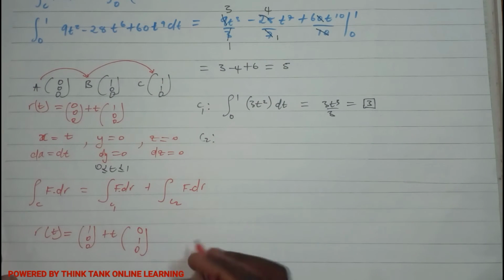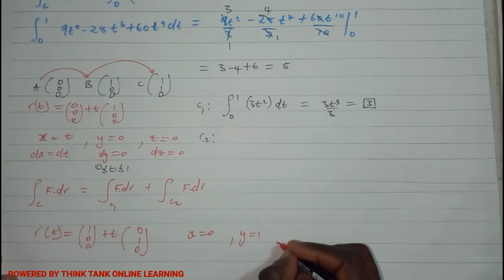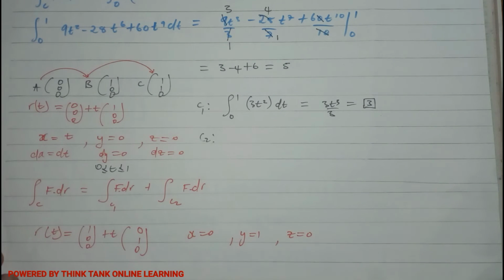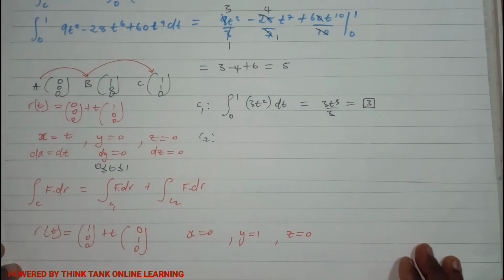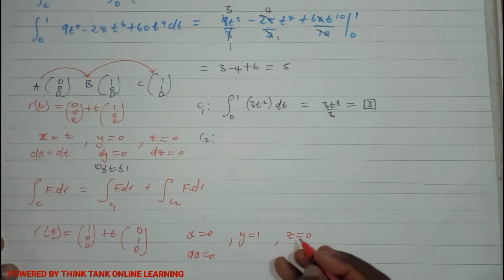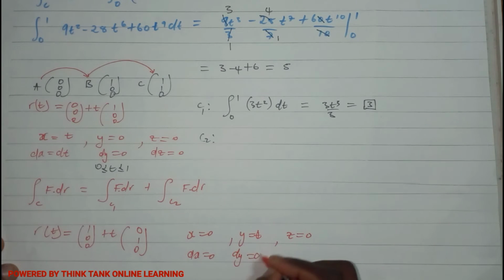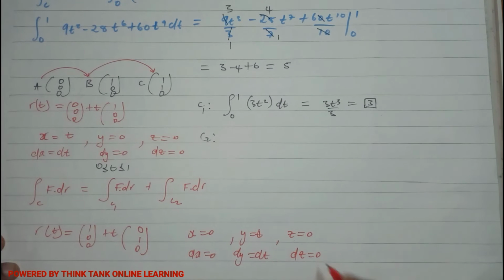This means x is equal to 0, y is equal to 1, and z is equal to 0. If x equals 0, dx is equal to 0. Actually y is equal to t, so dy is equal to dt. Then z is equal to 0, so dz is equal to 0.